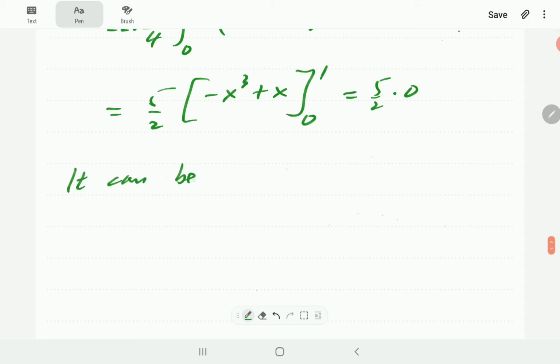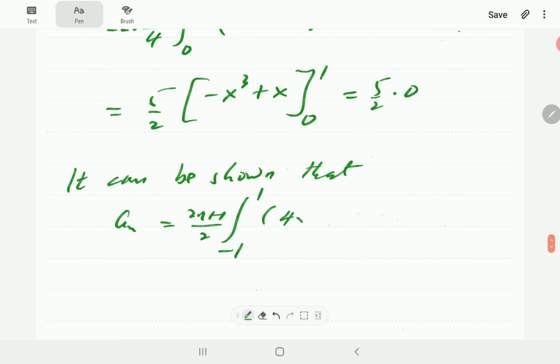We're going to leave it as an exercise. It can be shown that (2n plus 1)/2 times the integral of (4x minus 1) times Pn dx is 0.